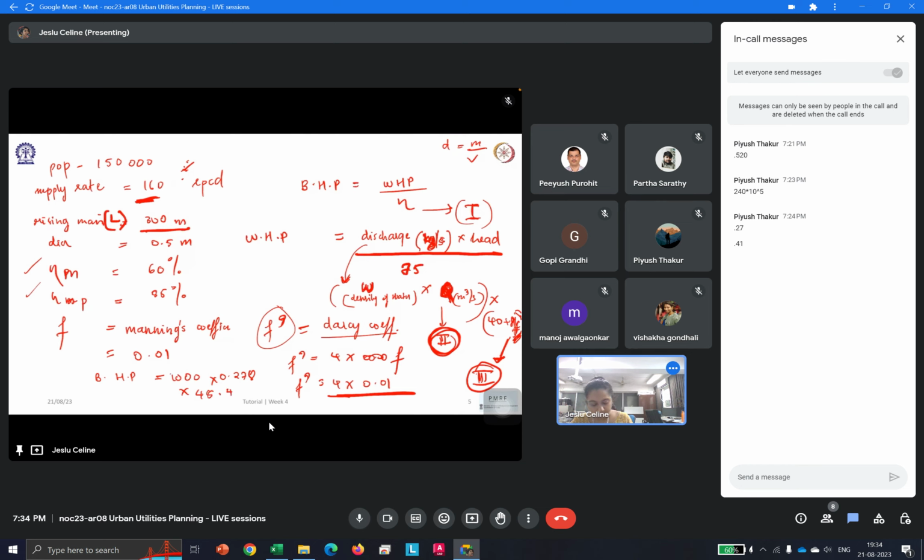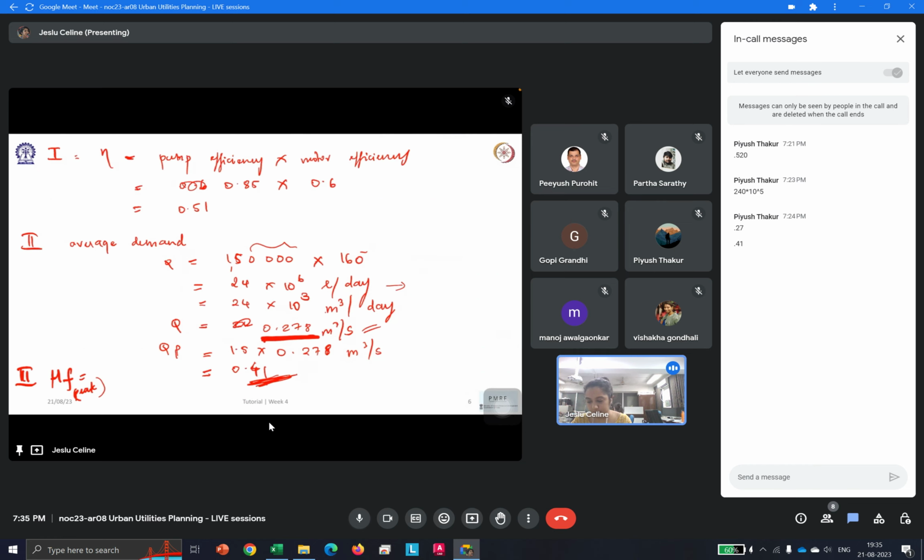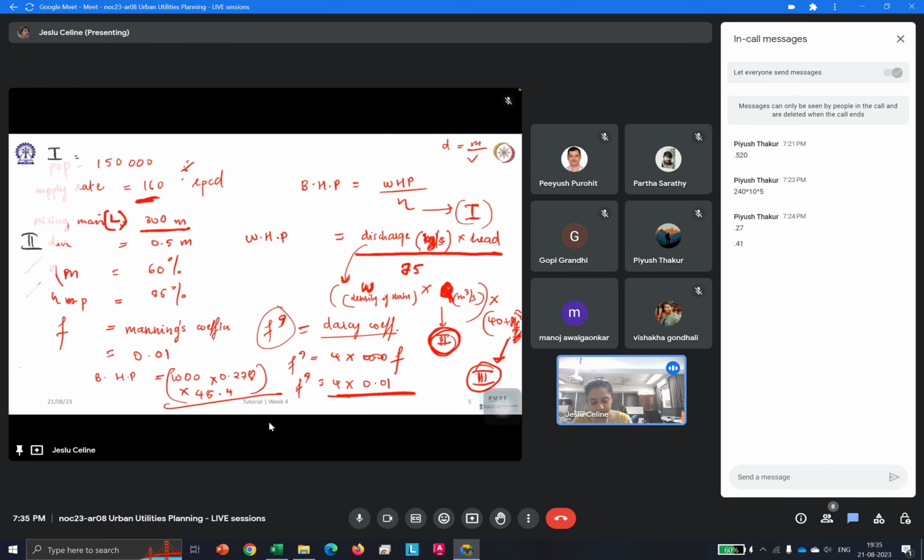Now this divided by the efficiency. We have already calculated the efficiency, it's 0.51. So 0.51 into 75, the 75 factor.